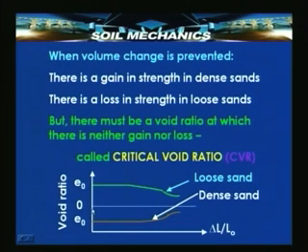So, what is the void ratio at which soil behaves like this? That can be obtained by plotting void ratio change with axial strain as shown here, and finding the void ratio where the volume change is nullified, and that is known as CVR.